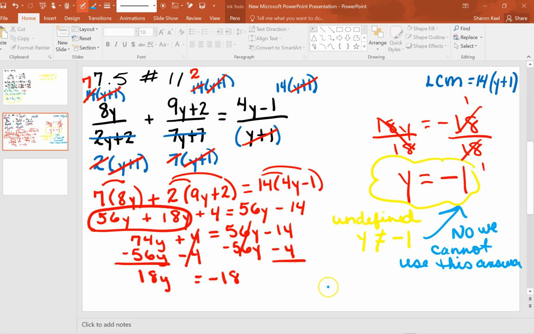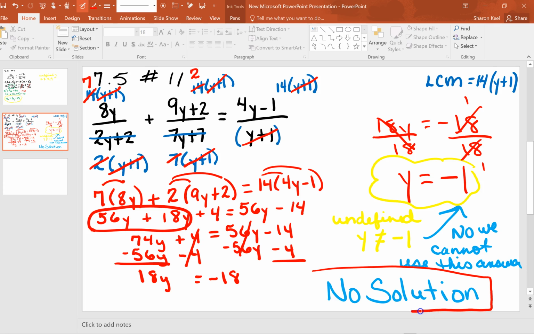So if we cannot use the answer, if you look at the bottom, you have another choice where you can either type in the answer for y equals, or you will see you have an option that says no solution. So in this situation, your final answer is no solution. There you go.